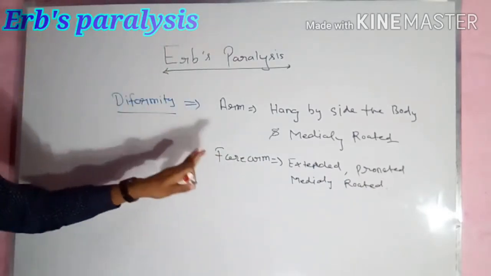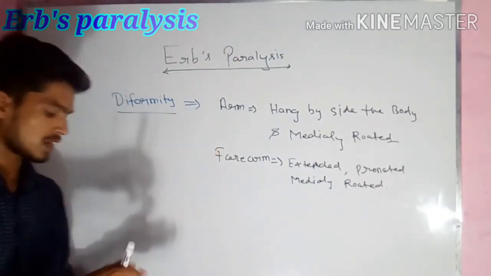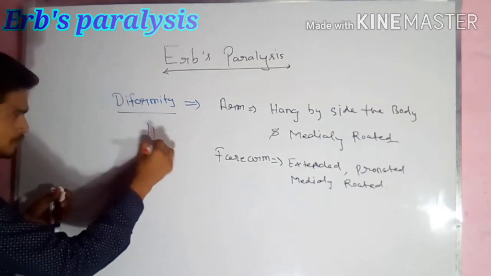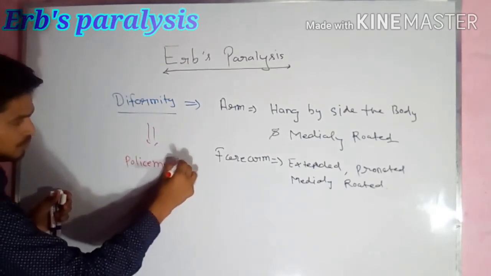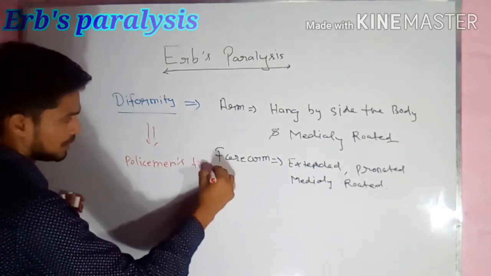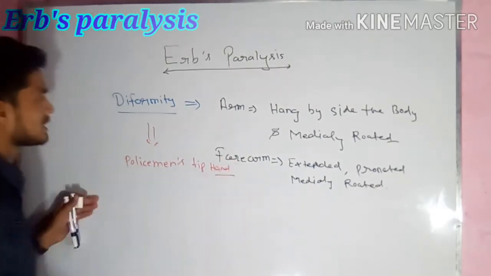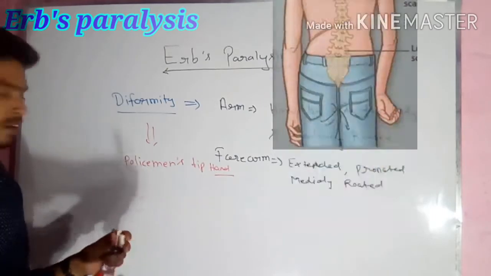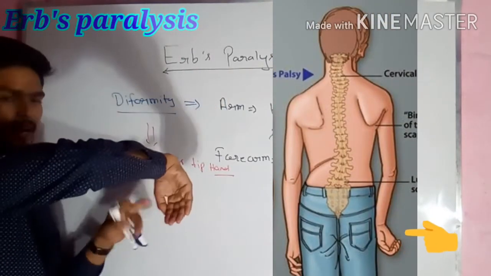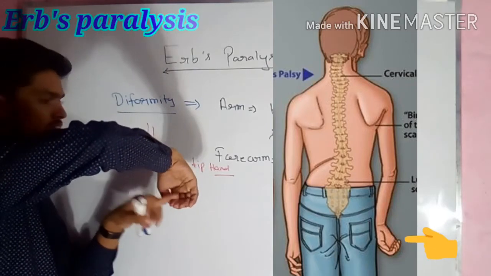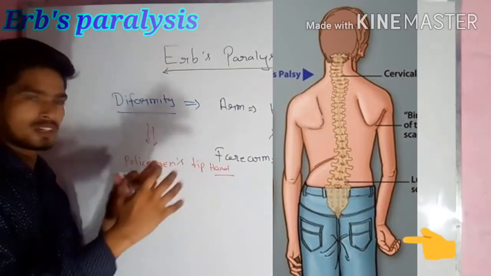Okay, so this deformity is also known as the policeman's tip hand. You know guys, why is this known as the policeman's tip hand? Because you are seeing in this image, the hand is like this. Okay, so this is a gesture just like someone is taking a tip.